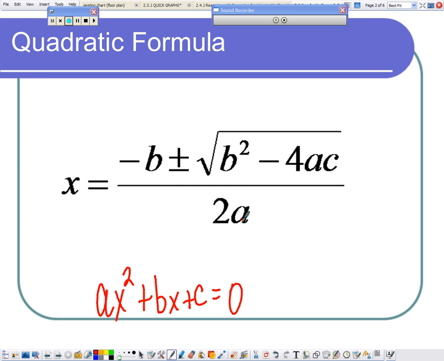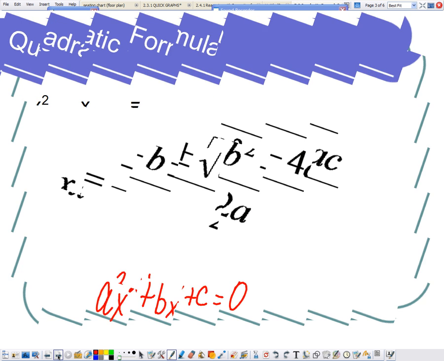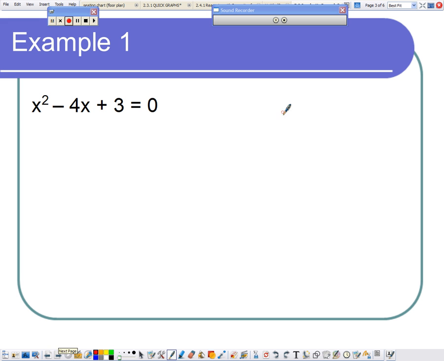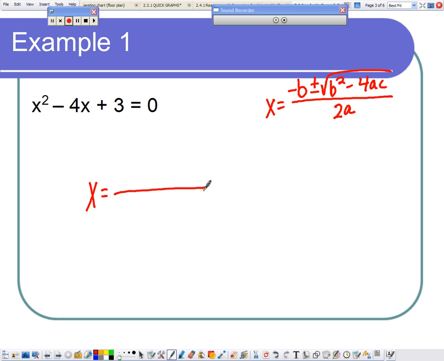Okay? So let's take an example. So remember, the quadratic formula is x equals negative b plus or minus square root of b squared minus 4ac, all over 2a. Okay? So when we're solving this, it's just a matter of plugging in and finding the answer. So remember, our a term is going to be 1. This is our b term, and this is our c term, and it's already equal to 0.